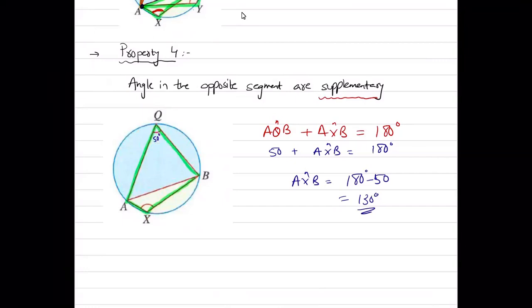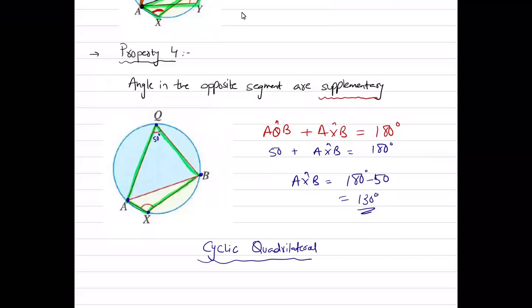So that is going to give you 130. We also call this, you can see that there is a quadrilateral being made, and this quadrilateral has all four vertices on the circumference of the circle, and this is known as the cyclic quadrilateral. A cyclic quadrilateral is a quadrilateral that has all four vertices on the circumference.